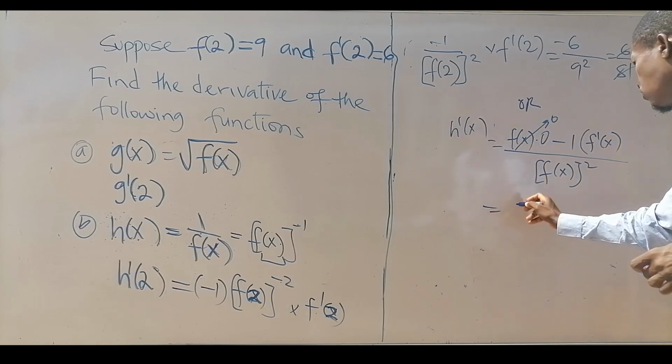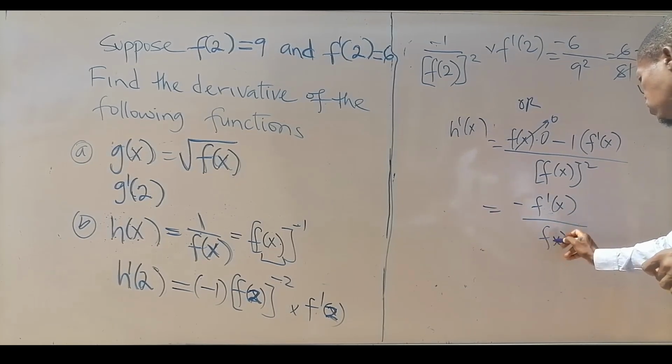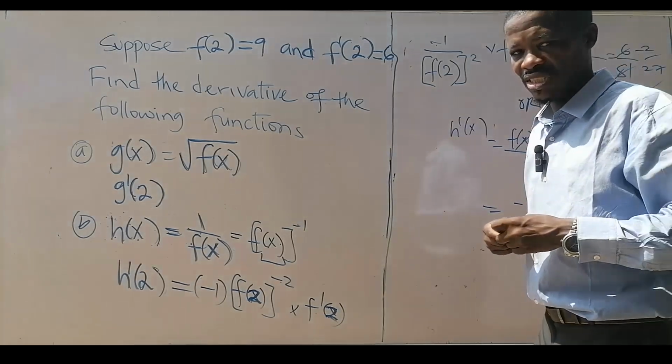So that's equal to minus f prime of x over f of x squared. You can see the formula, check what we have here. So whichever way you use, you must arrive at the same answer. So that's it on this point.